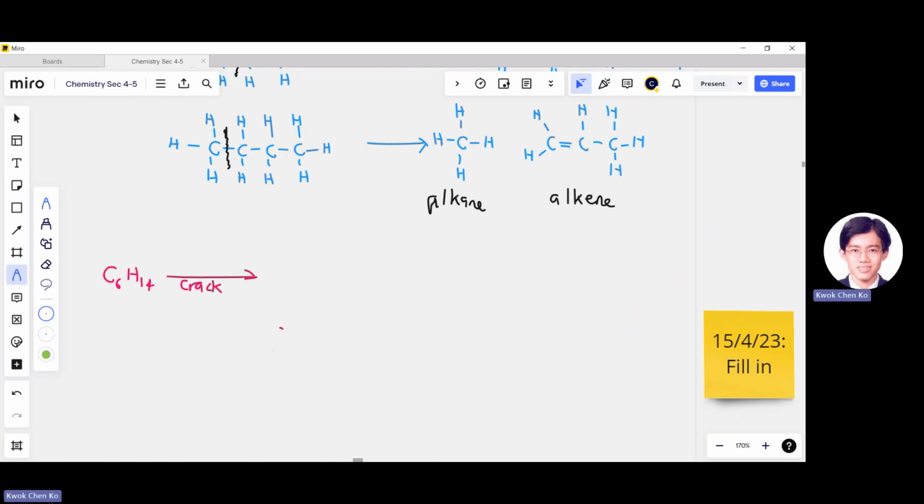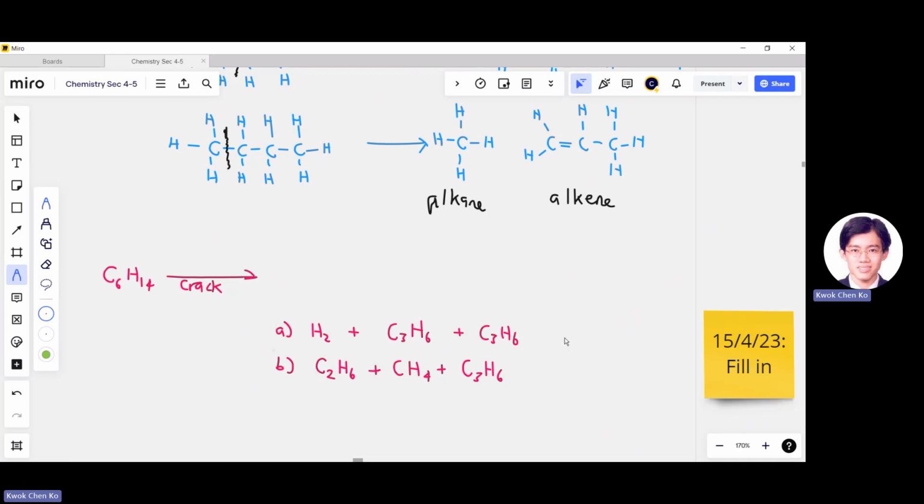What are the possible products? A, or B.